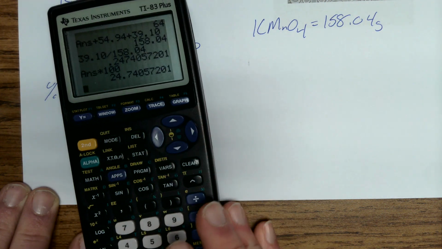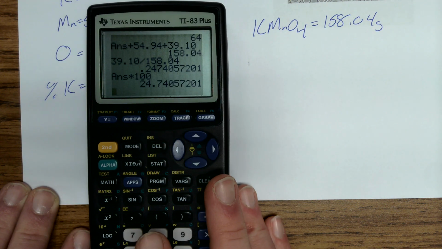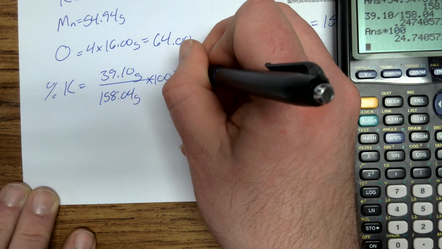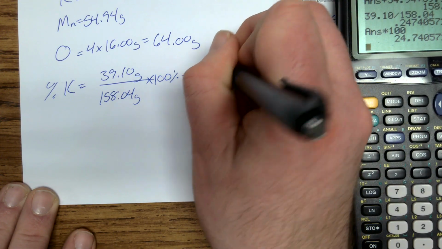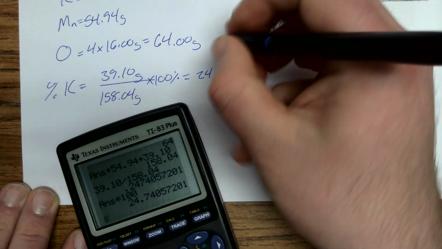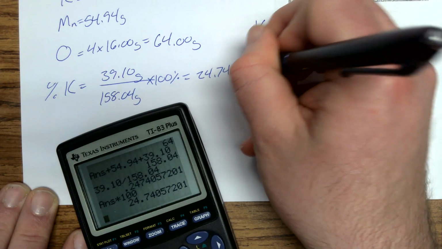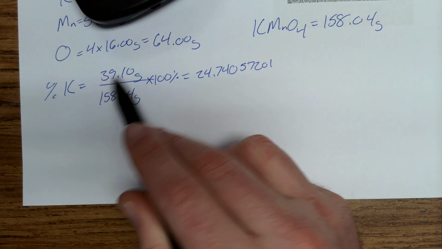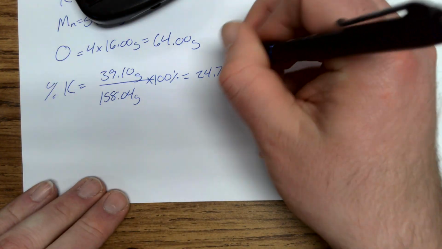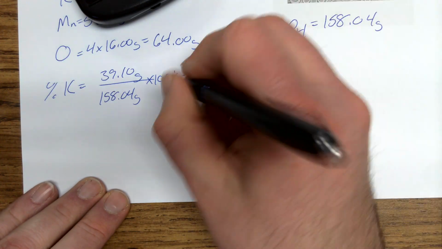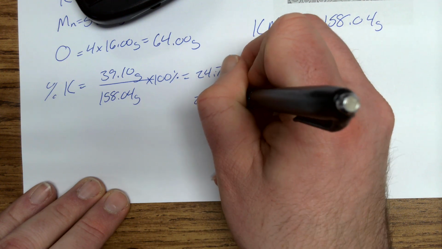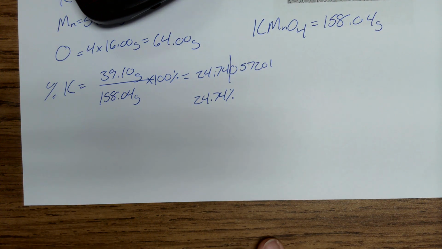I'm going to get 24.74570057201%. I know that's not my final answer. I look back at my equation. I see that my least amount of sig figs is 4. 1, 2, 3, 4. Potassium makes up 24.74% of my compound.